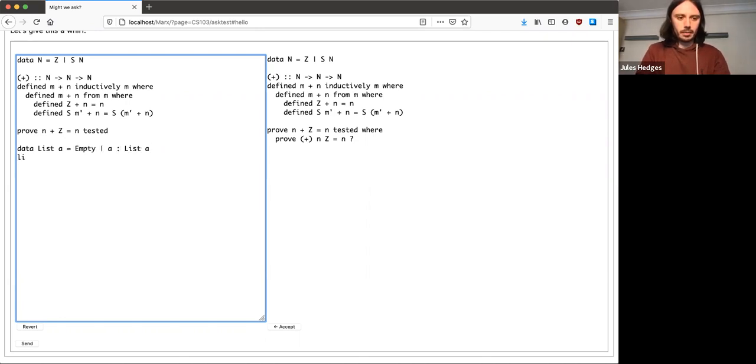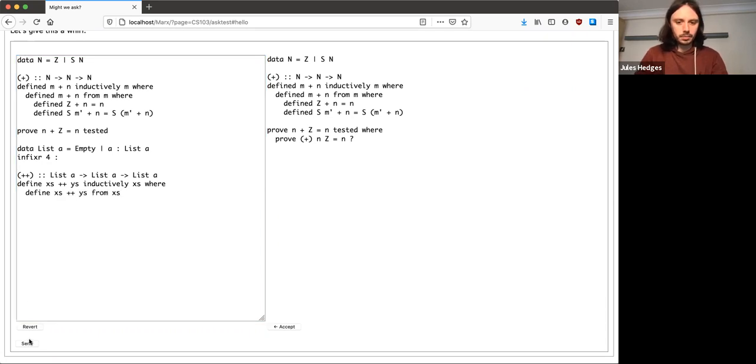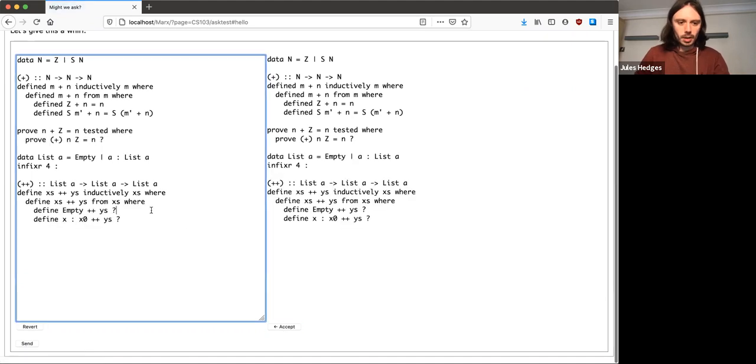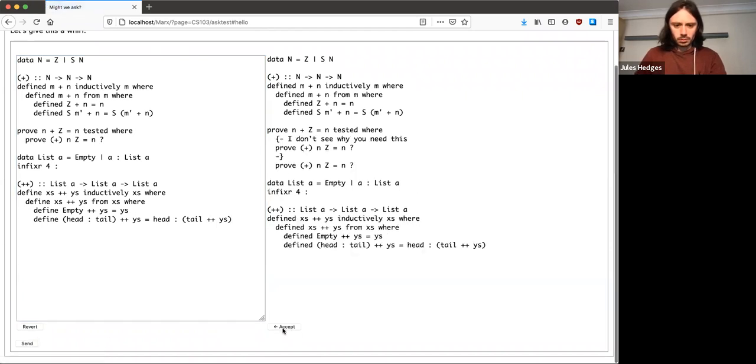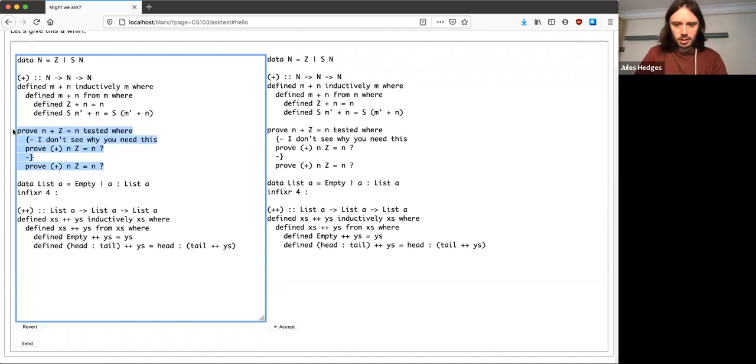Const A, infix R for cons, and then I can say, here's the concatenation function on lists, which I showed you in one of the earlier explorations. xs cons, xs concatenate ys, define inductively xs, where define from xs, and then this case is ys and the head cons tail case is head cons tail concatenate ys.